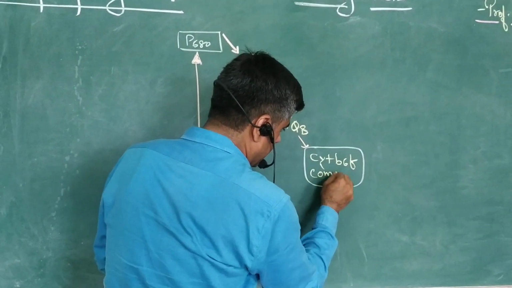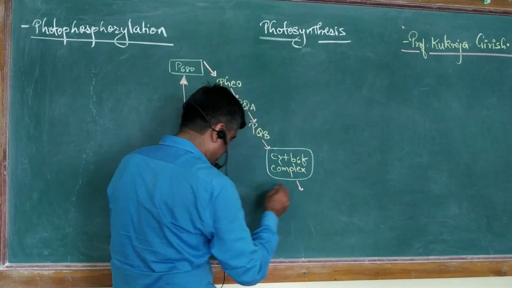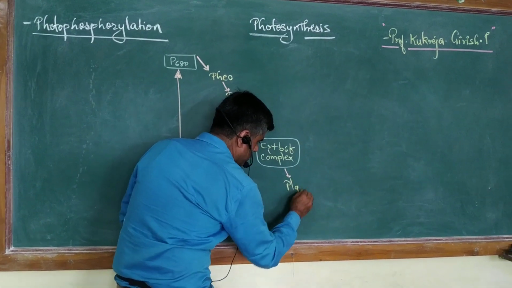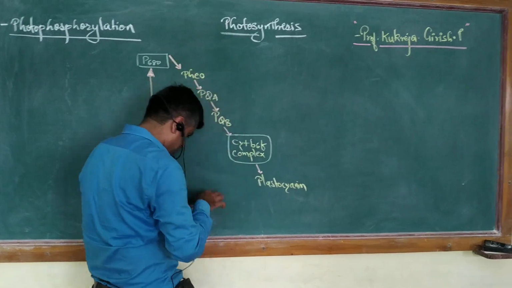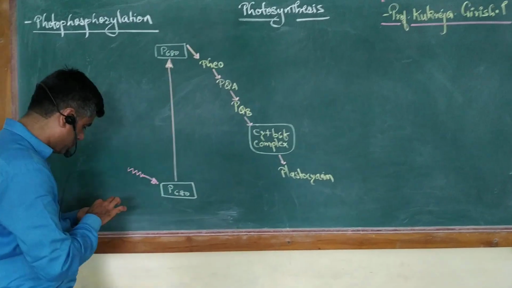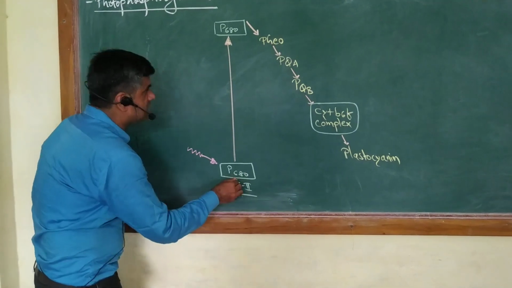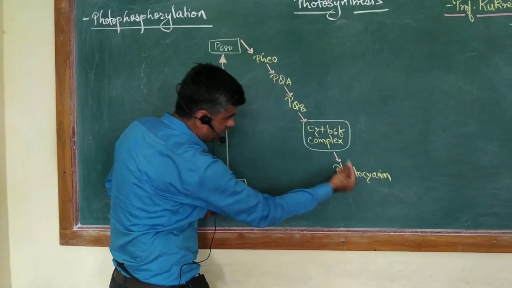This cytochrome B6F complex then gives electron to a mobile electron carrier in the series, that is your plastocyanin. So this plastocyanin is a connecting link between these two photosystems. So this is your PS2. So from PS2 the electrons go from here to pheophytin, PQA, PQB, cytochrome B6F, plastocyanin.